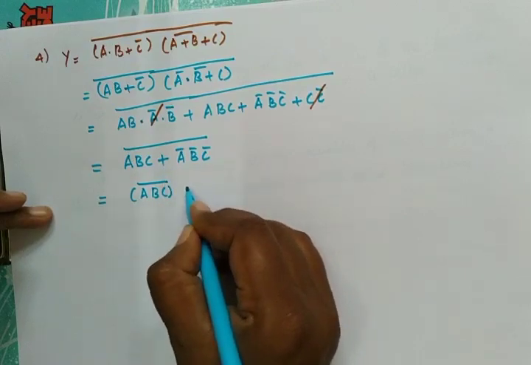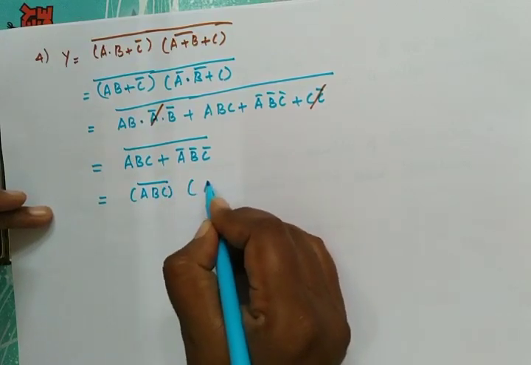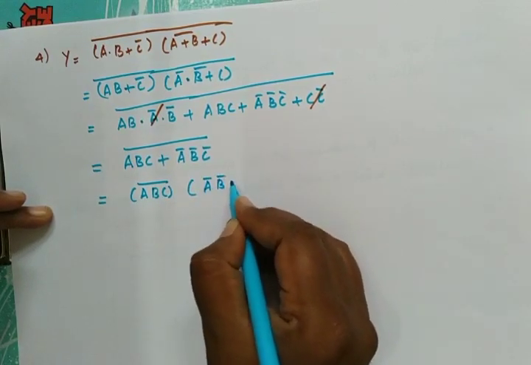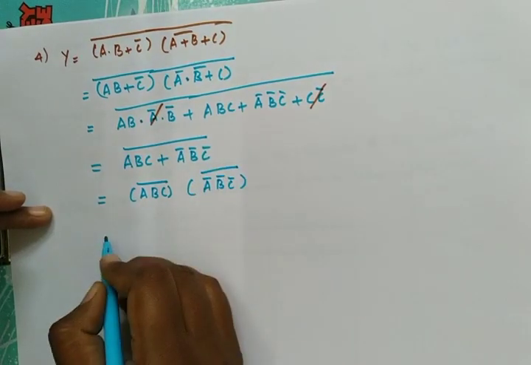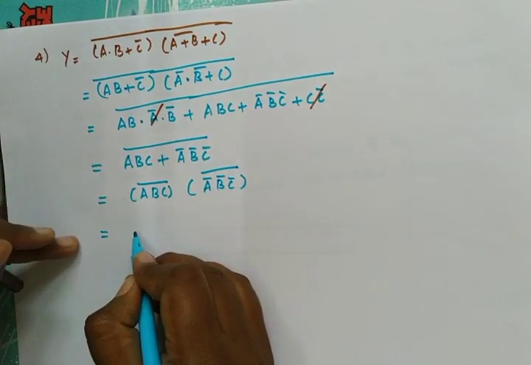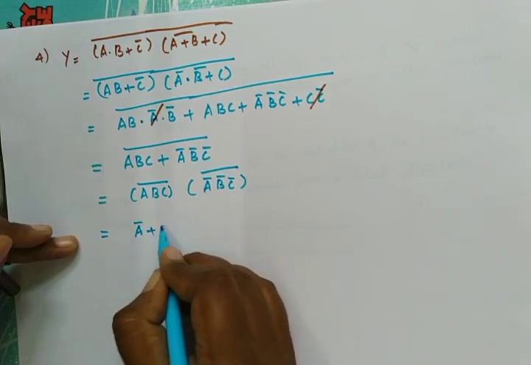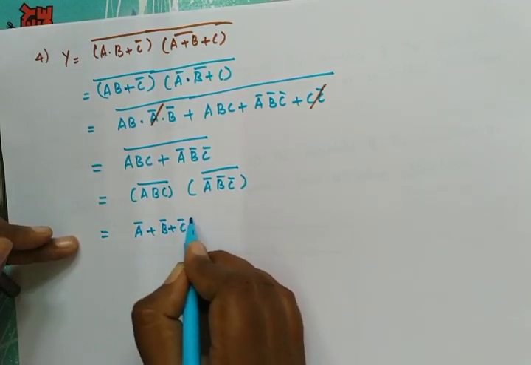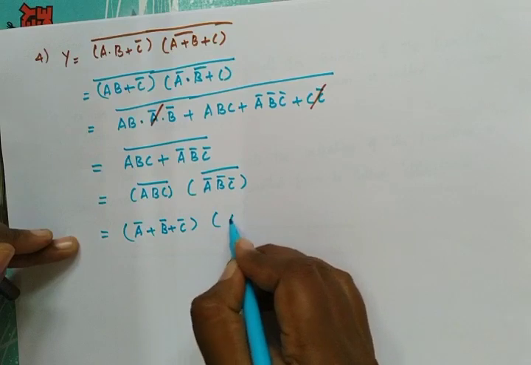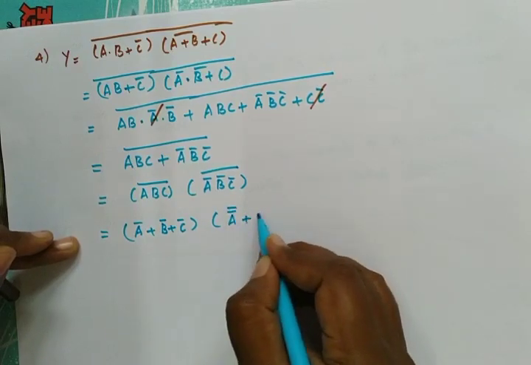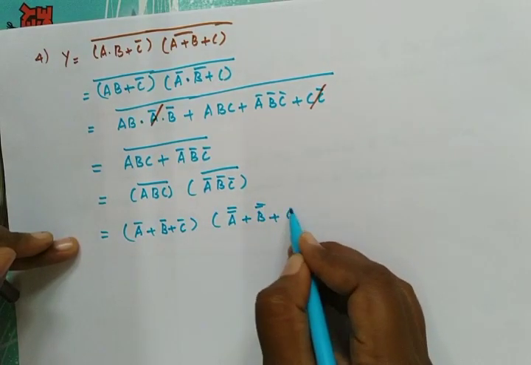Here we have plus. So using De Morgan's theorem, we can write this as A bar B bar C bar the whole bar. So which is equal to, if we want to split again, A bar plus B bar plus C bar into A double bar plus B double bar plus C double bar.